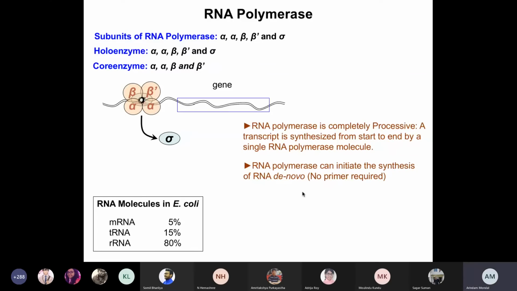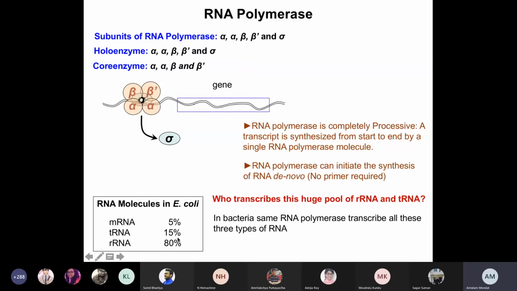Now, if you look into the percentage of different RNA molecules, out of the total RNA, messenger RNA molecules are only 5%. And then tRNA molecules are 15%, rRNA molecules are 80%.